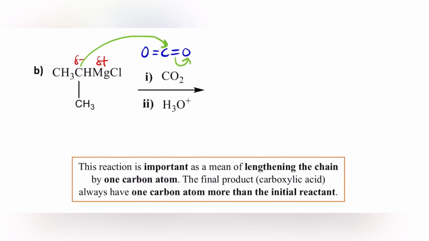So saya akan draw saya punya structure, cuma tanpa intermediate terus kepada carboxylic acid. So saya akan draw satu persatu, mulakan daripada carbon dioxide C, sekarang dia dah jadi single bond O, automatically tambah H sebab dia akan hydrolyze.